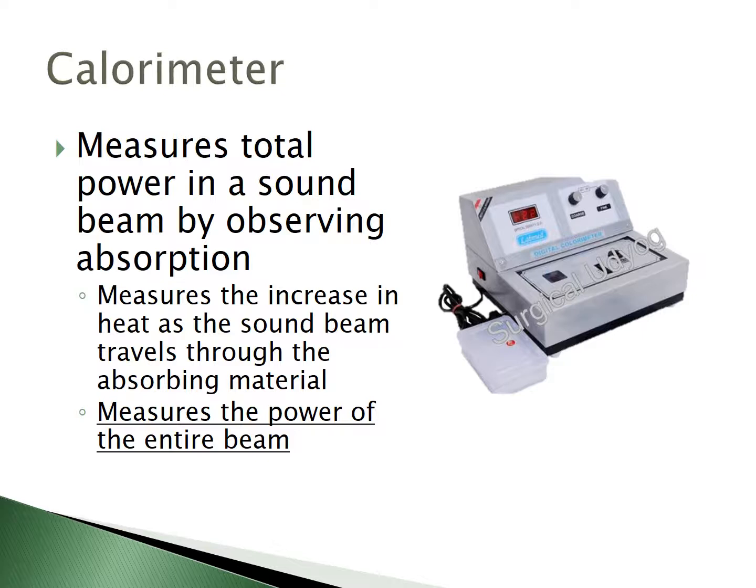The calorimeter is set into the ultrasound beam, and again it's going to measure the total power of the entire beam, and it's going to recognize how much energy is going in and how much heat is being transferred, and that's going to help to measure that power. The more heat, more power in that beam. So again, remember, the calorimeter tests the power of the entire beam.